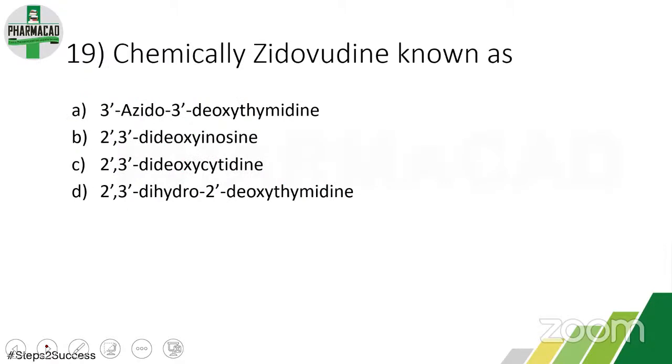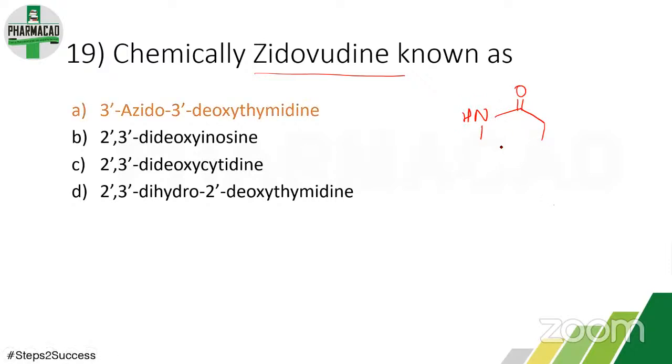Next question. Chemically, Zidovudine is known as? First we will see the structure of Zidovudine. Here is a double bond O, here is one methyl group, attached with this.